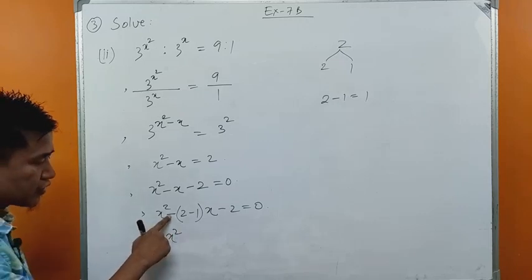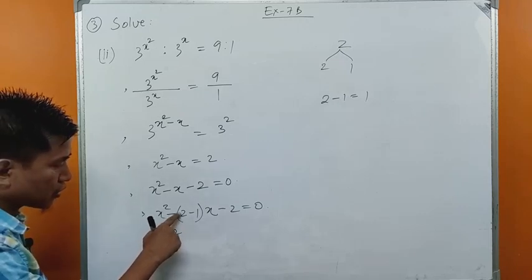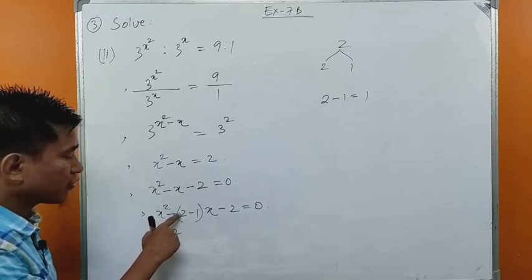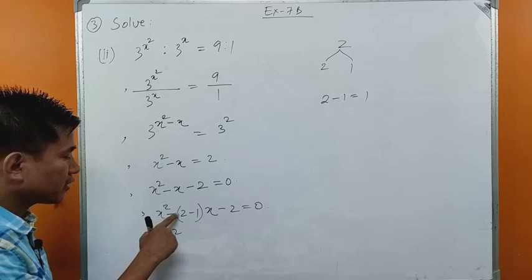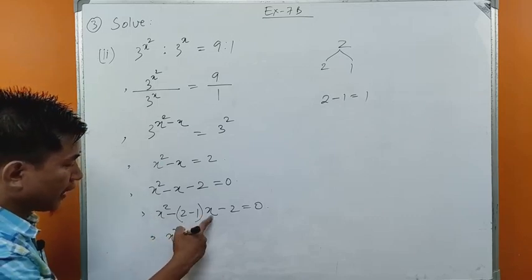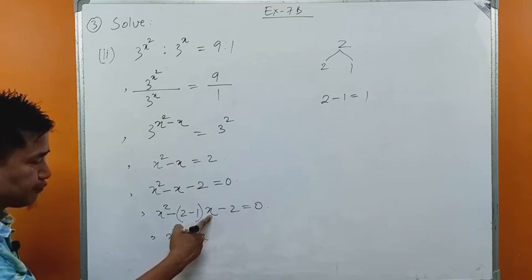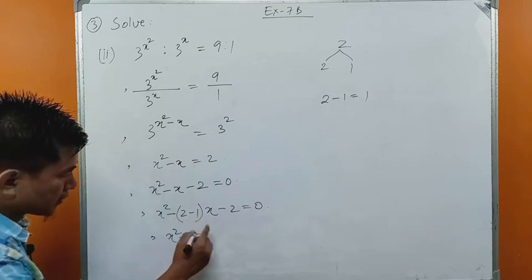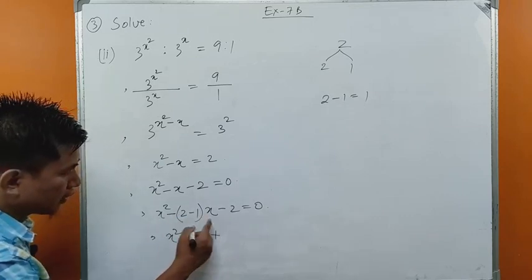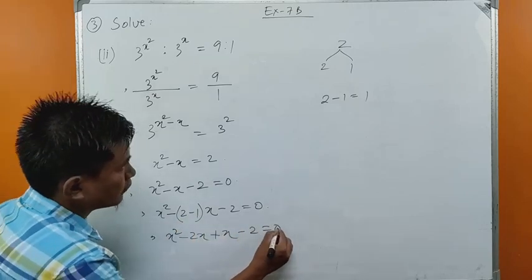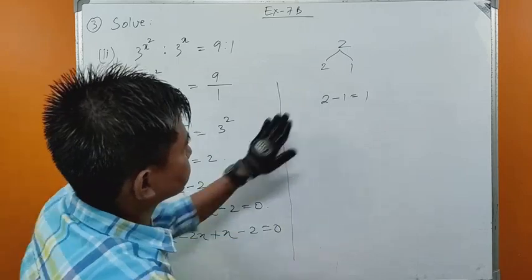Now let's multiply with this minus sign. Minus into plus 2. There is no sign in front of 2, which means there is a plus sign. Minus into plus, minus x into 2, 2x. We must multiply with this x also. Minus into minus, plus x into 1 is x, minus 2, equals 0.